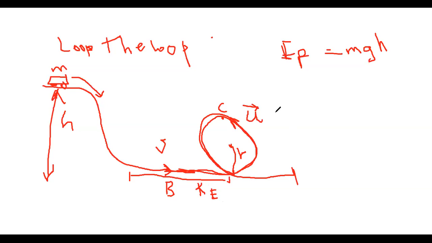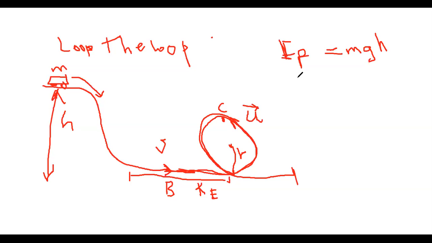And here we will have again potential energy and kinetic energy also. So it uses both, because this has velocity, and at the point C it will have the maximum velocity and then drop. All right.